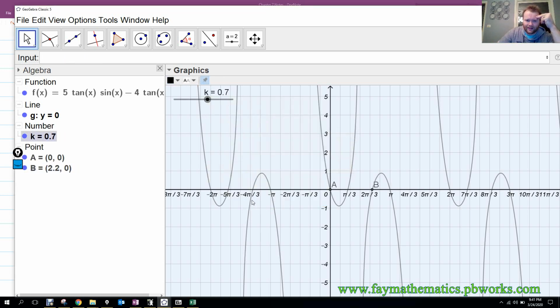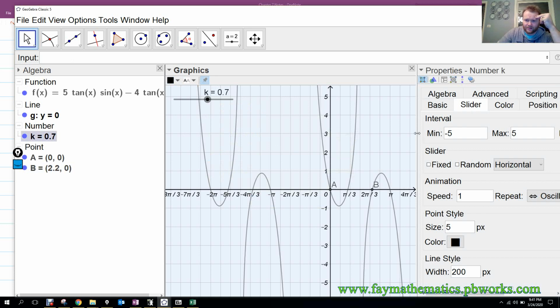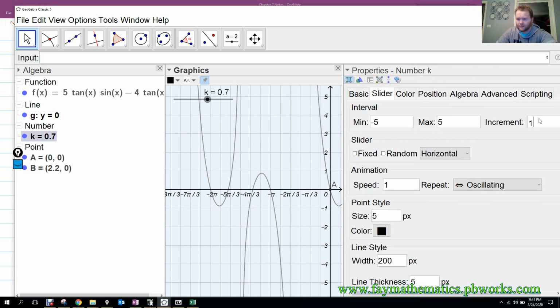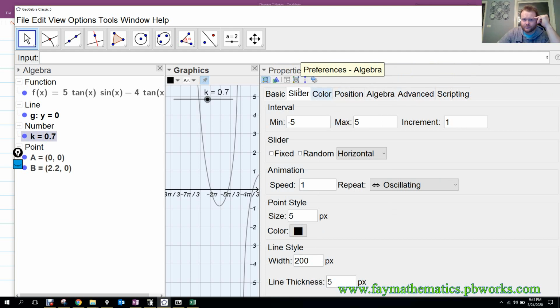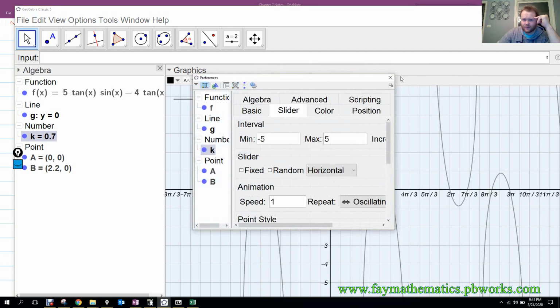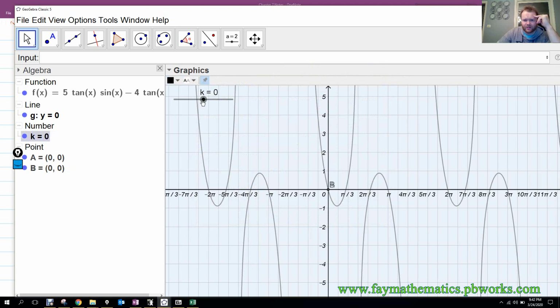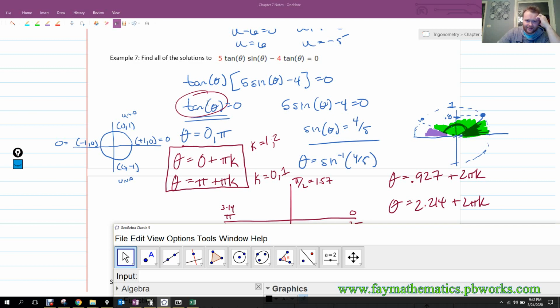And you see then when k is an integer, it's giving me those intercepts.